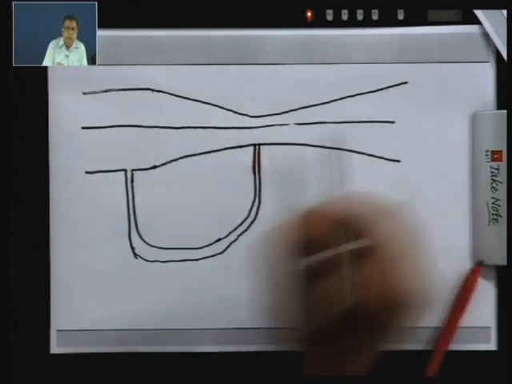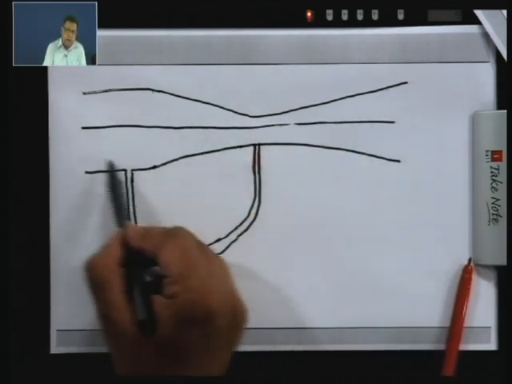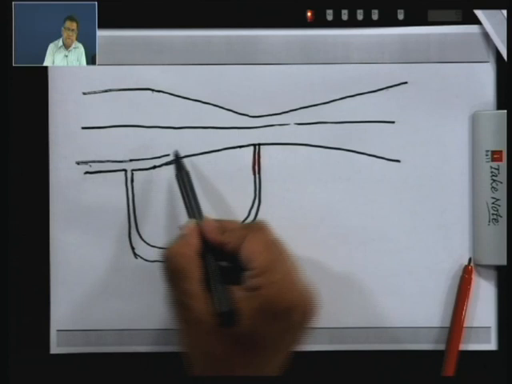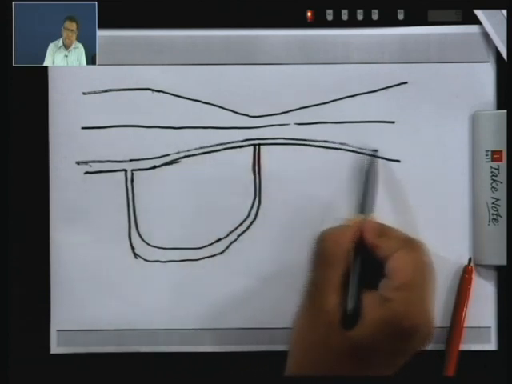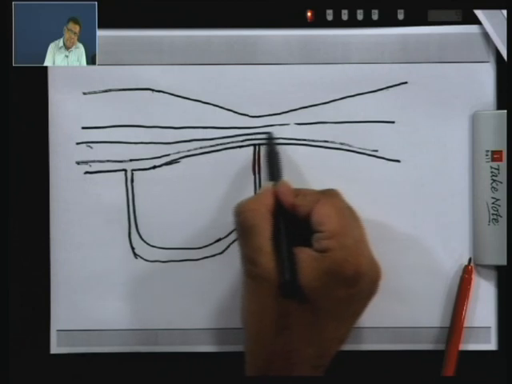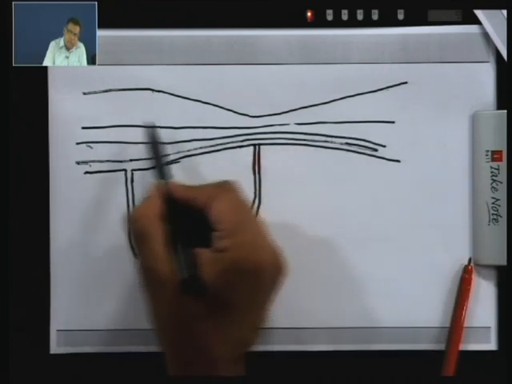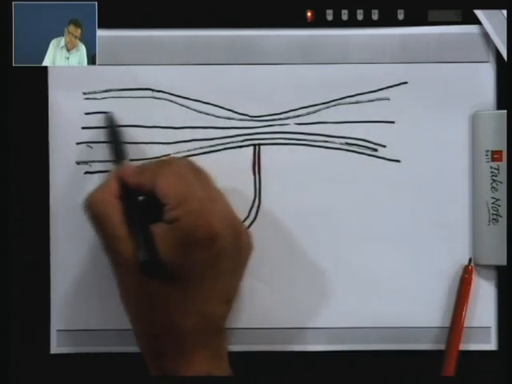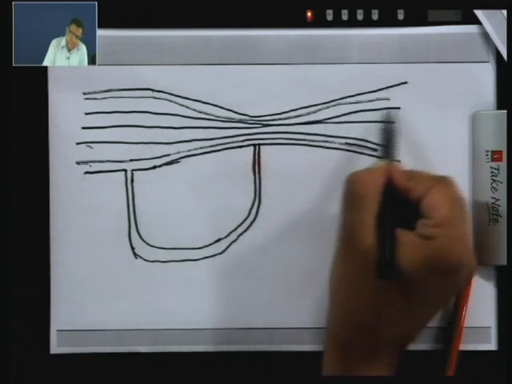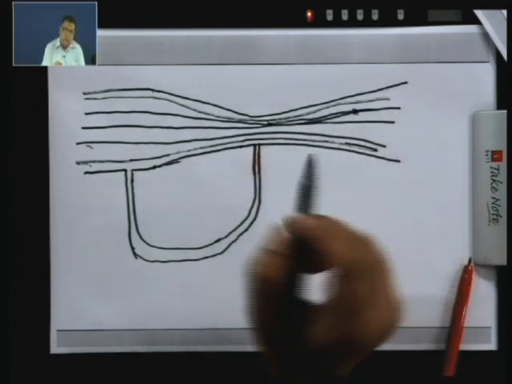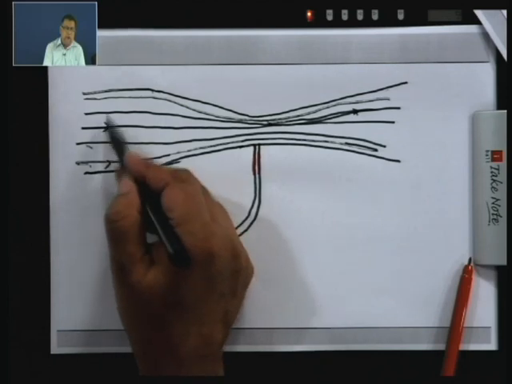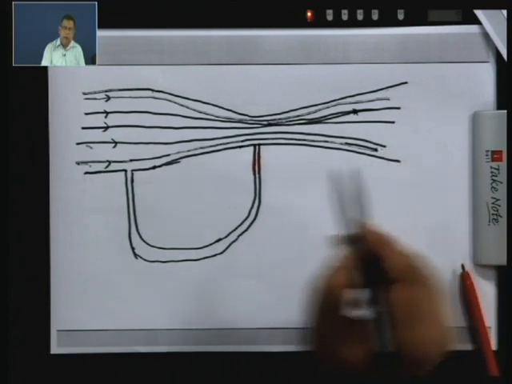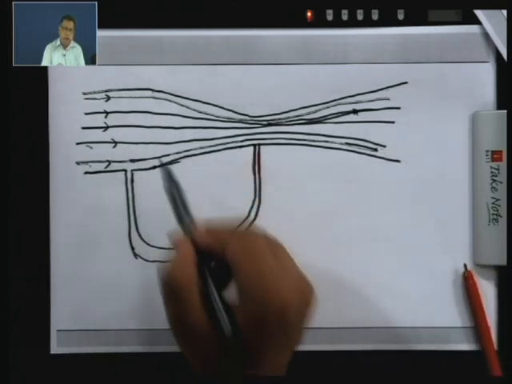We will have a central streamline, and the flow pattern will be symmetric. Now, this wall is also a streamline. So, you will have streamlines like this. You can see that the upstream streamlines are straight lines which are parallel to the walls of the duct, and the streamlines are going to be curved over here.